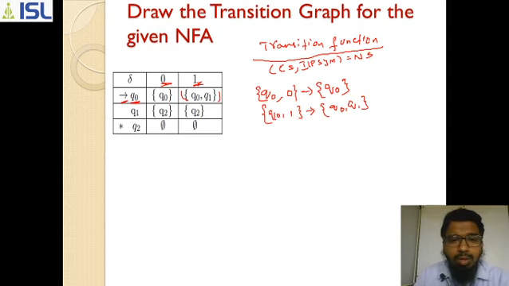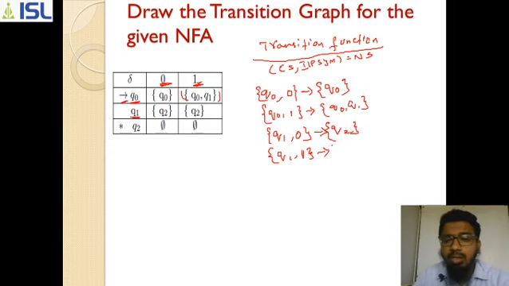Now the next one is Q1 comma 0. What will be the answer? As per the transition table, we are getting Q2. The next one is Q1 comma 1.